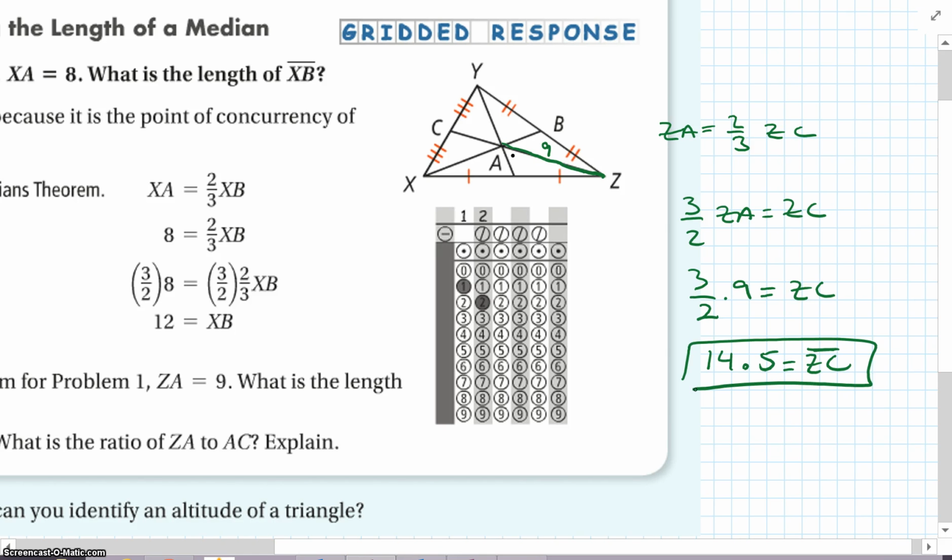What is the ratio of ZA to AC? Well, AC is 1/3 of ZC, and ZA is 2/3 of ZC.